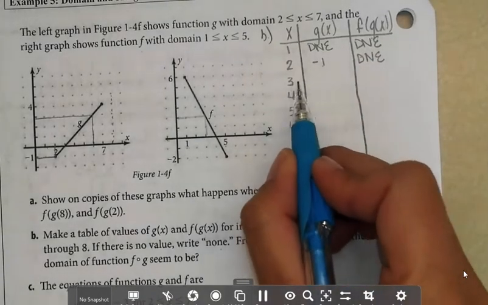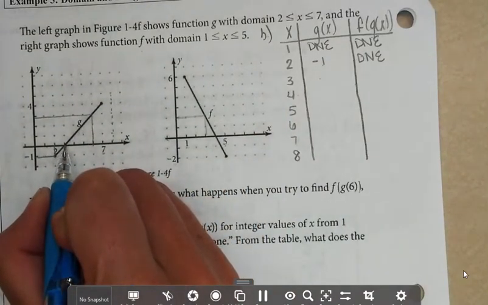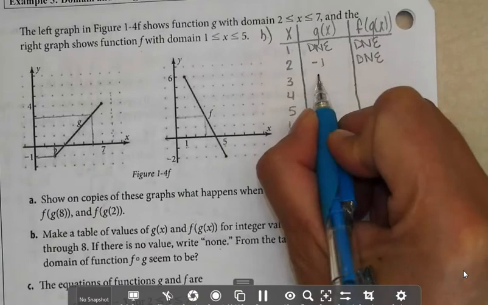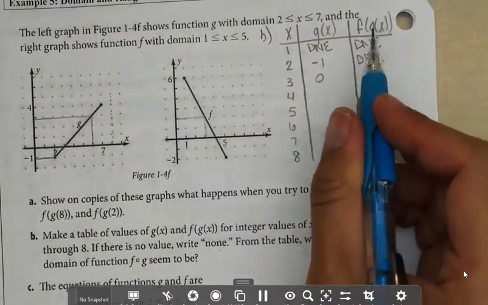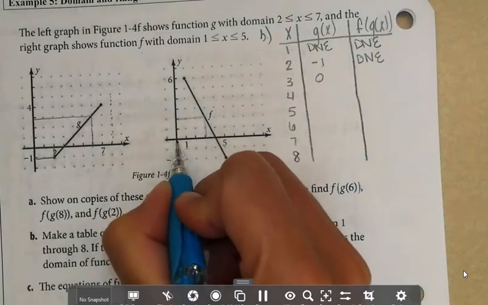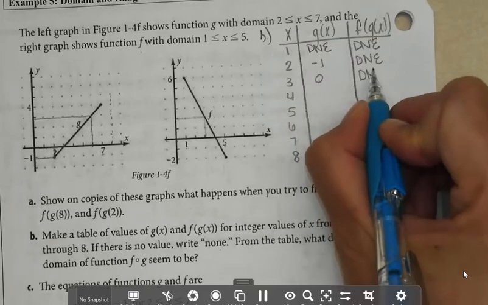Okay, let's go to g of 3. So g of 3 appears to be 0. Now I'm going to plug 0 into the f function. f of 0, once again, is outside of the domain. The domain starts at 1, so this does not exist.